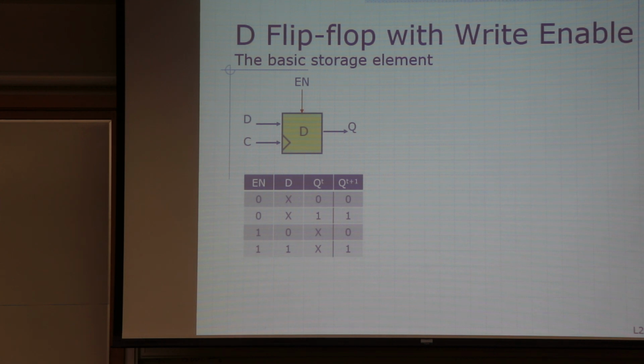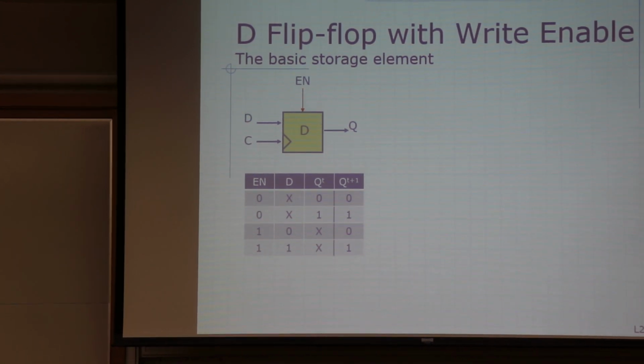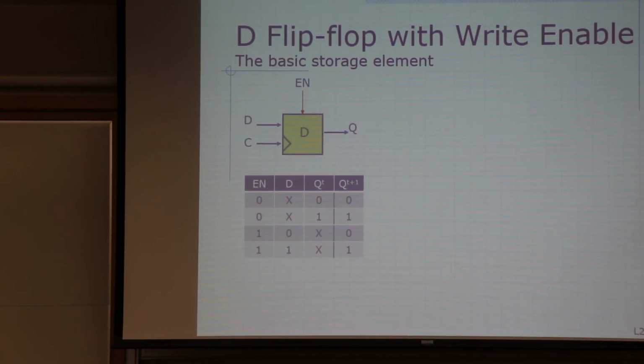Okay, so the next thing is, what is this storage element? Again, we simplify our lives and we have only one type of storage element, called D flip-flop. In fact, D flip-flop with an enable, so that red sign is an enable. It stores 1 bit of information. And what is its functionality? Suppose enable is 0.